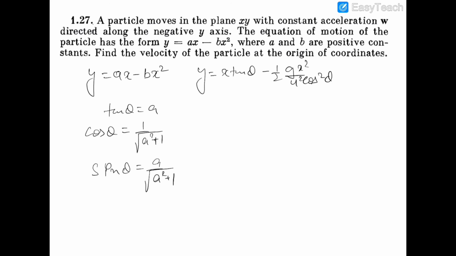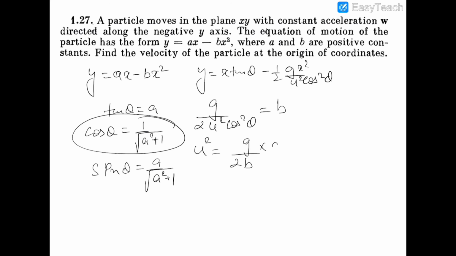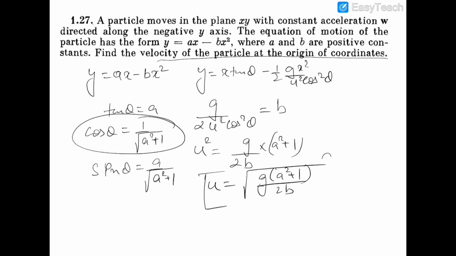So if we compare these two equations again, then g by 2 u square cos square theta is equal to b, and u square will be equal to g upon 2b cos square theta, where cos square theta is this one, so it is a square plus 1. So u will be equal to under root of g into a square plus 1 by 2b. So this is the velocity of the particle at the origin, and the angle of projection is this one.